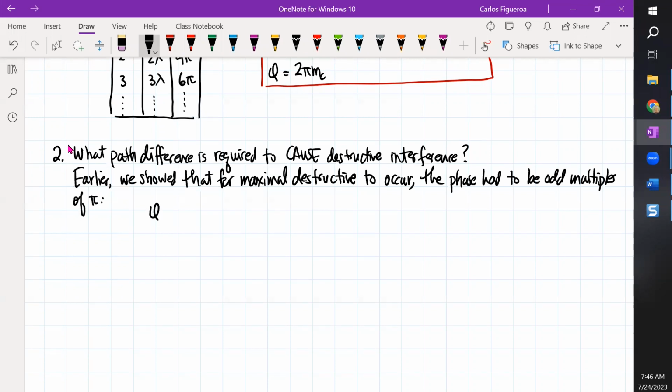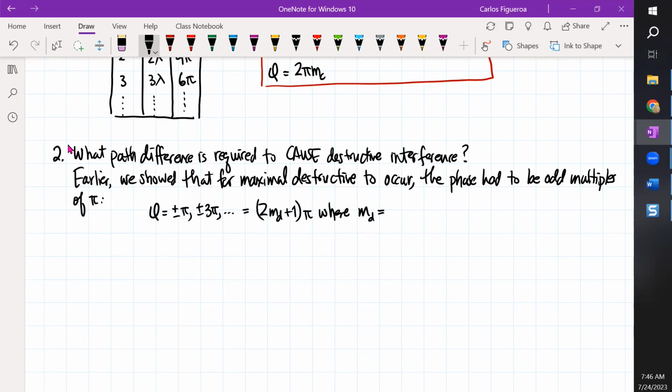So we said that phi here had to be plus or minus pi, plus or minus 3 pi. One way that we can write this is 2md plus 1 times pi, where my m value, I put a little d to separate constructive and destructive.